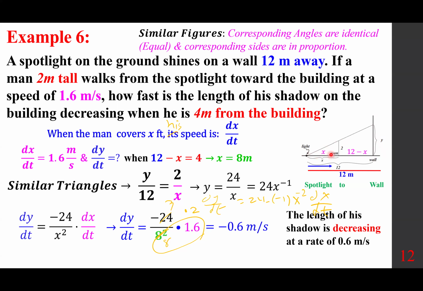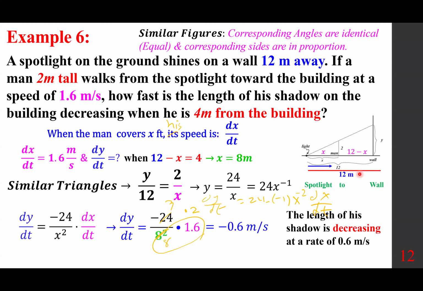When the man covers X amount and is doing 1.6 meters per second, we call it dx/dt. Because we call this X, then this is dx/dt. If you call this Z, dz/dt. If you call this A, dA/dt. That's why you need your variables and you need the drawing and setting.